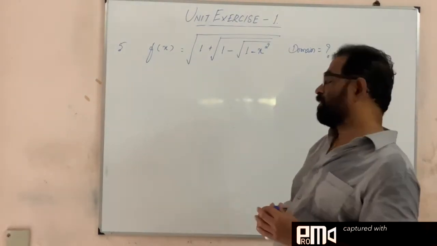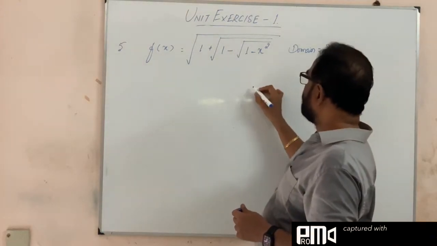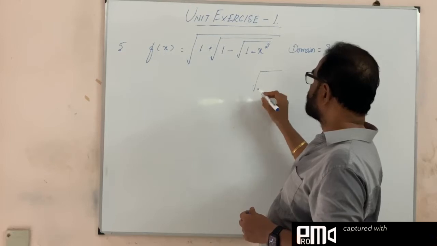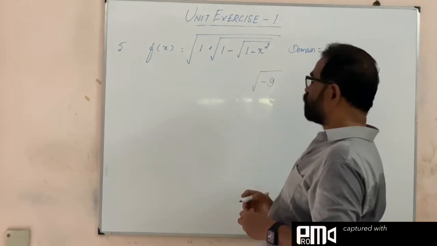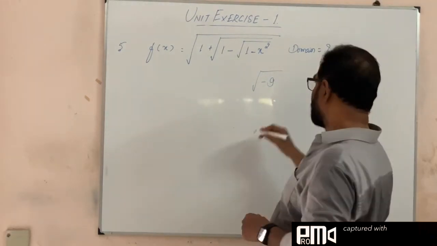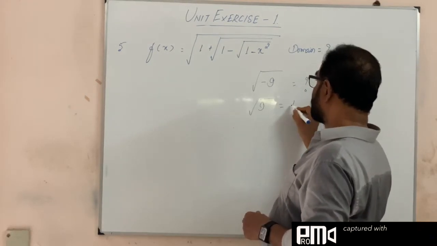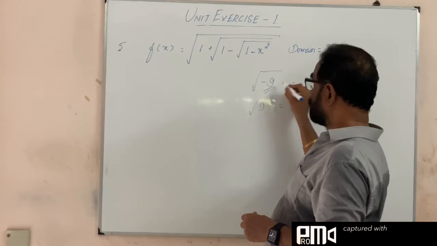Inside the square root sign, we cannot take a negative number. Suppose I take the square root of minus 9. What is it? You don't know. Square root of 9 you can say is plus or minus 3, but for the square root of minus 9, not possible.